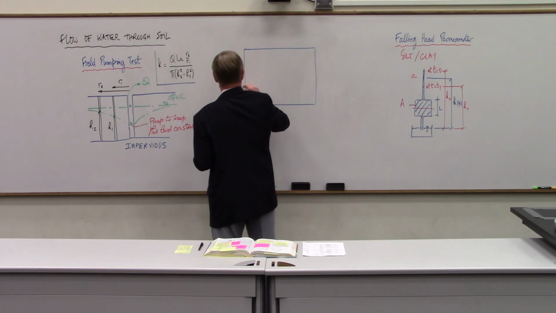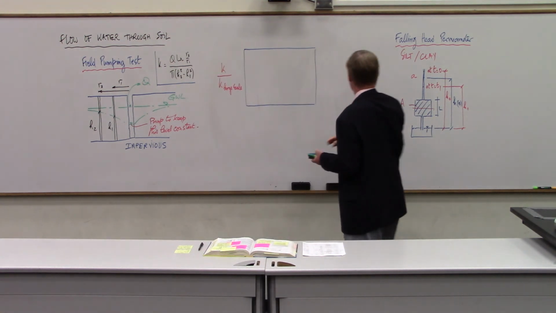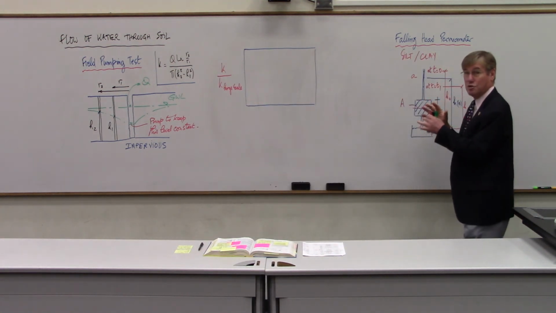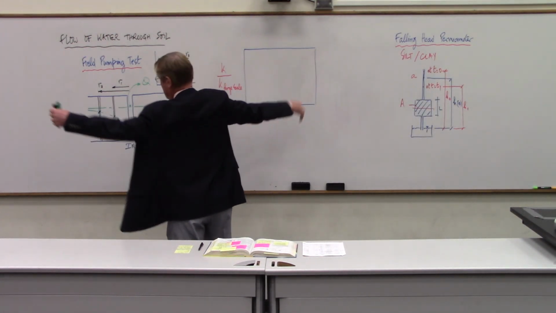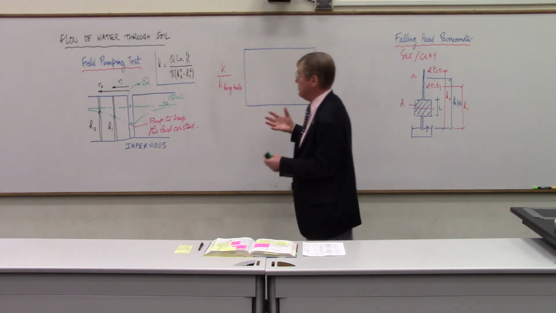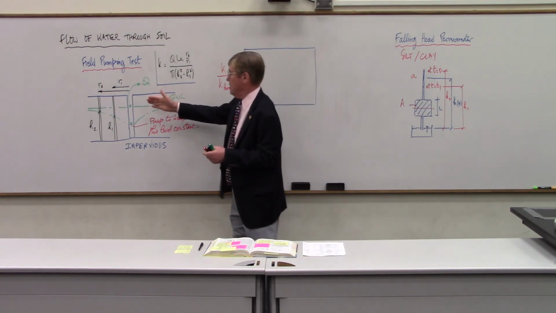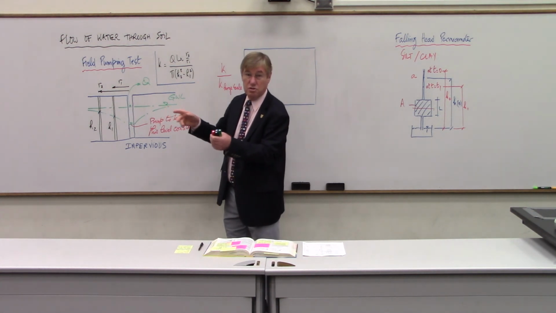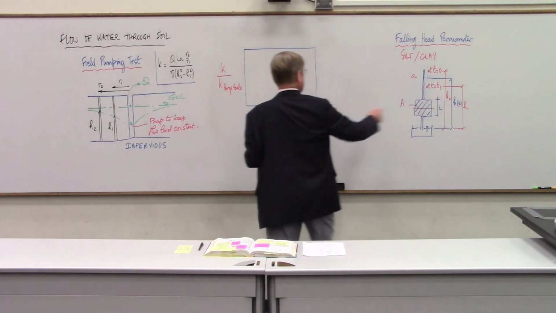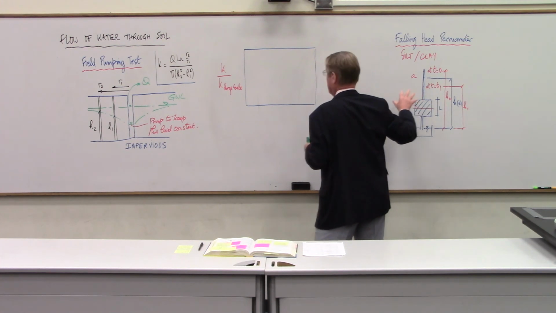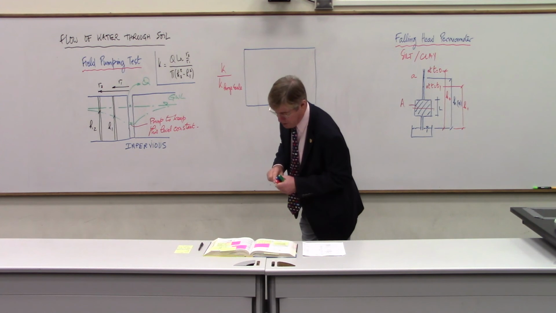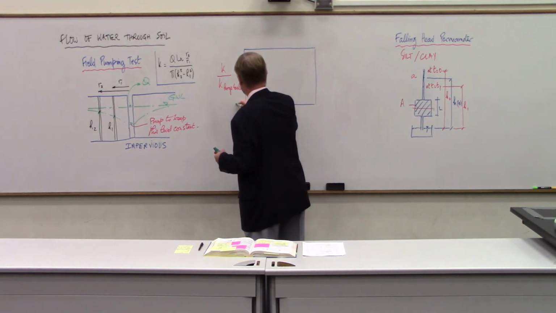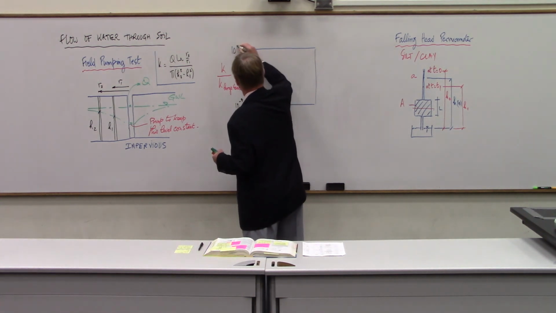And the reason I do this is because when you test soils in the lab, this is a small piece of soil. When you test soils in the field, this is a huge area. And so the features that are at a larger scale, like fractures, joints, fissures, micro cracks, are not included when you make those measurements. So the tendency is to find that the measurements in the lab are a lot smaller. This ratio might be 10 to the minus 3, all the way to 10 to the 0, which is 1.